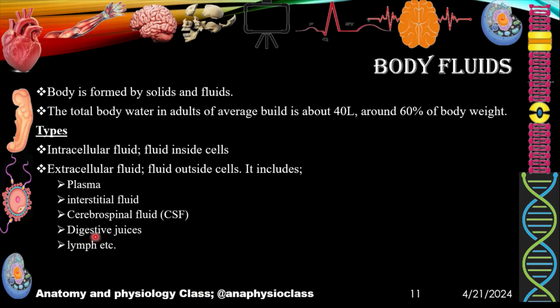Then digestive juice. Digestive juices are chemical substances that are used in the process of digestion. The lymph is the fluid inside lymphatic vessels. So all these are examples of extracellular fluids.